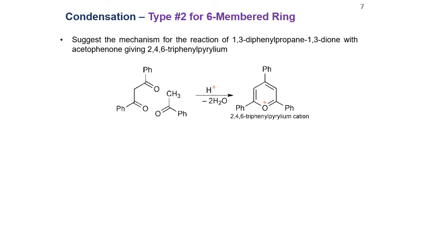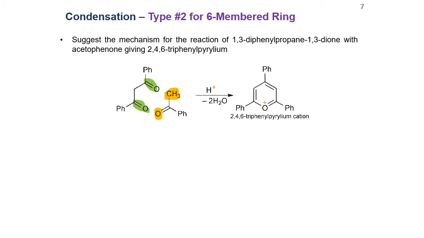When you draw the mechanisms for heteroaromatic formation, for example this pyrylium cation, we know that at this position, since it is the alpha position to the carbonyl, you can form the enol. So this must be the nucleophilic site, and these two carbonyl groups must be electrophilic sites, so that you can use this oxygen as a nucleophile to attack.